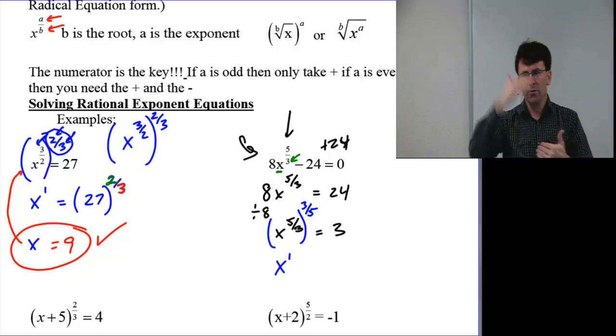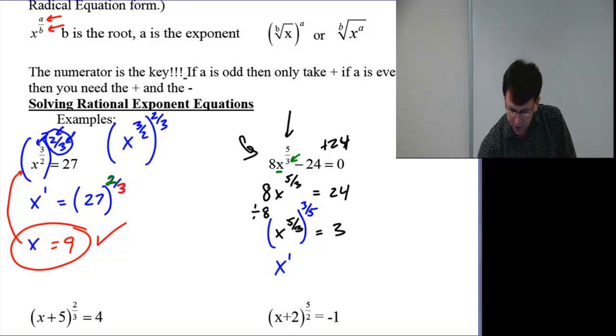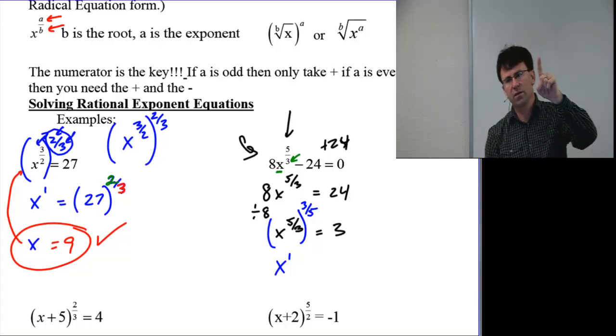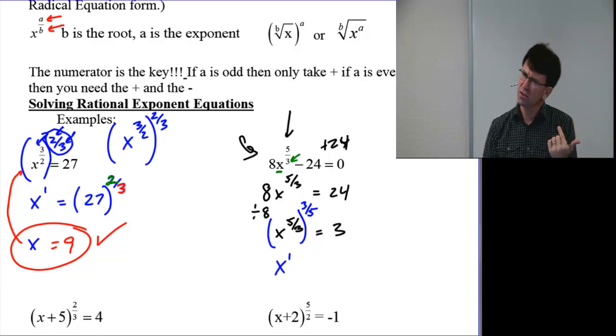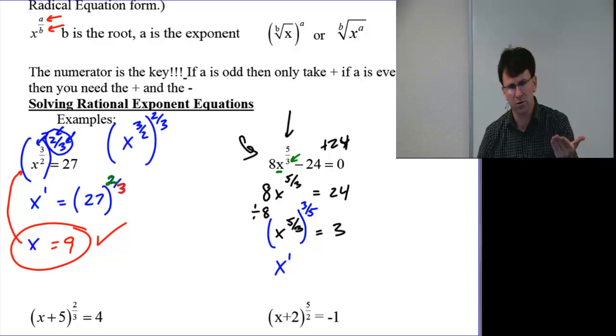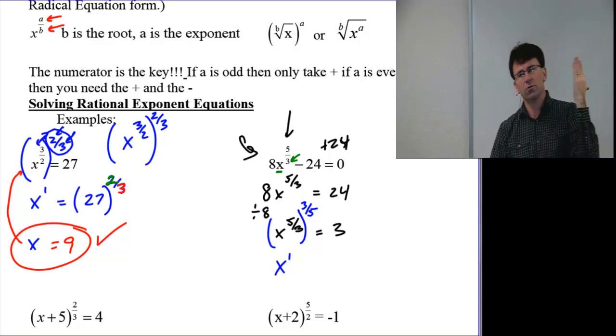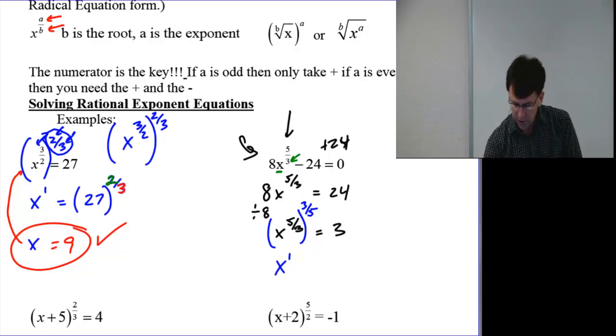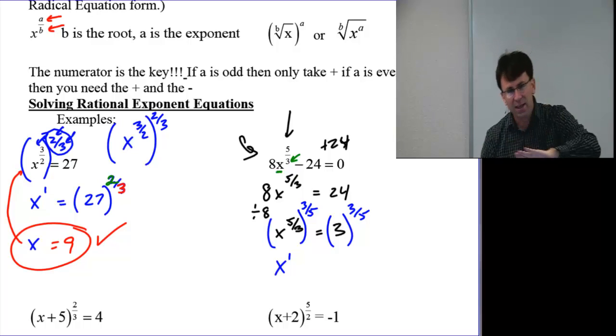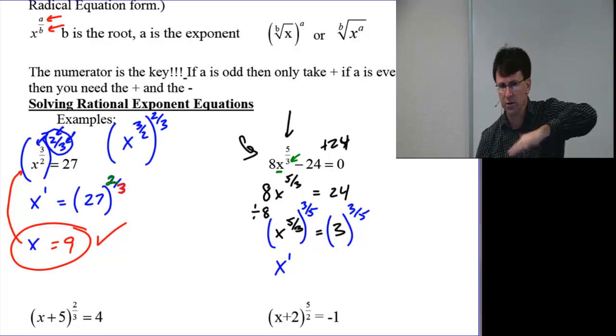Now, I can power anything up that I want, but I need to pay attention to what I have just done in blue here. I've raised something to the third power. Well, that doesn't cause any trouble, because that will not introduce an extraneous solution. And I've also taken the 5th root of each side in this 3/5. So everything's legal as it stands, because up to the 3rd, I don't have to check it because I don't have an extraneous solution.